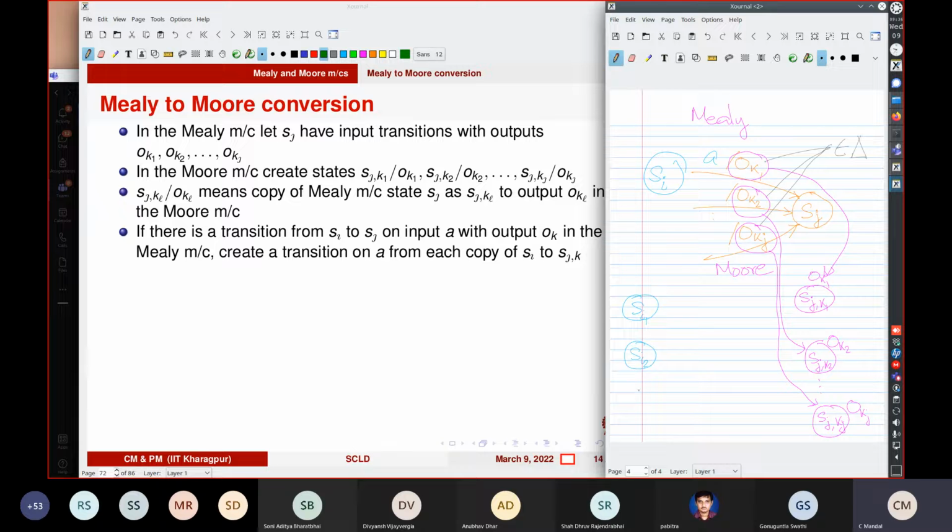So each state can be split up into a number of states.